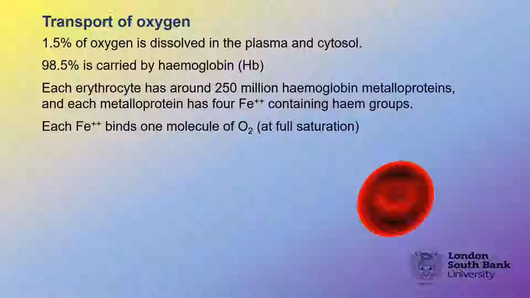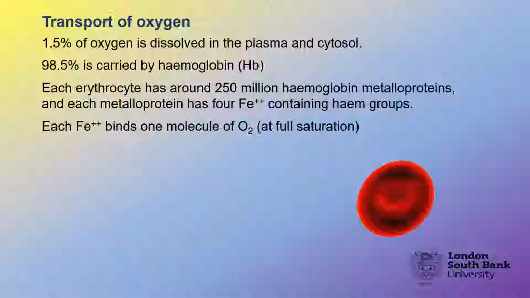Each of these metalloproteins, they're called metallo because they have this, has 4 iron Fe++ containing heme groups. So within each metalloprotein there are 4 heme groups. And within each erythrocyte there are 250 million hemoglobin metalloproteins.